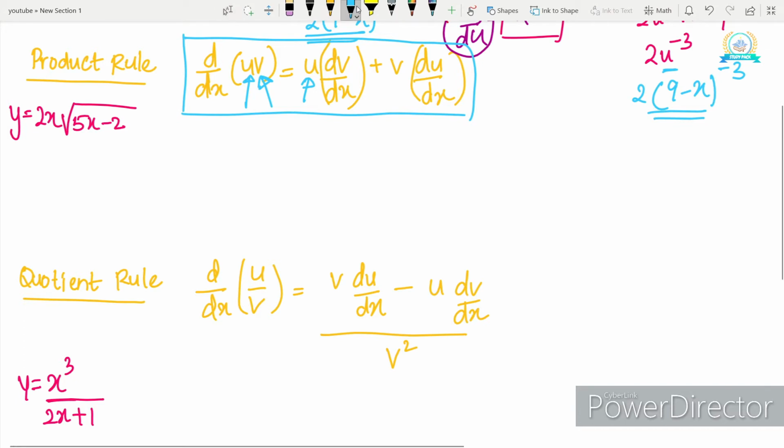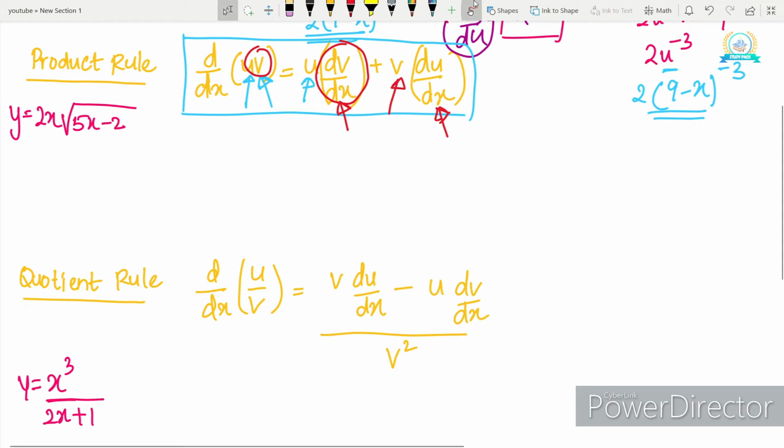It's easy to remember: you write one function and multiply it with the derivative of the other function, and then you write the other function and multiply it with the derivative of the first. So you basically write one and then the derivative of the other.